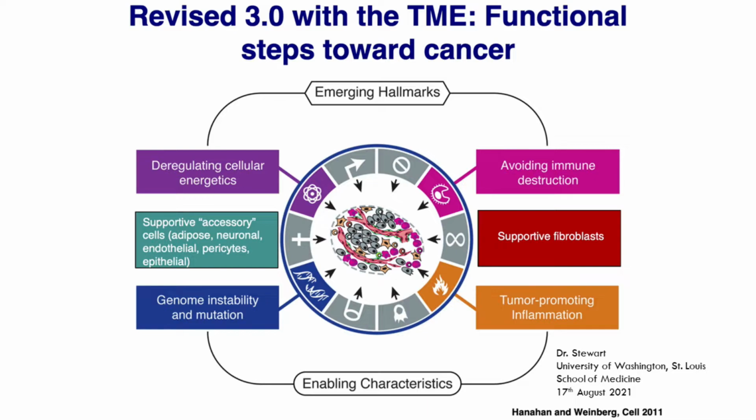The teal box says that you have supportive cells, which means that there are cells that help the cancer to grow. And these could be your adipose cells, your neuronal, endothelial, pericytes, epithelial. There's another thing called the fibroblasts, and we are going to have a look at what fibroblasts actually do because they are involved in cancer and inflammation.